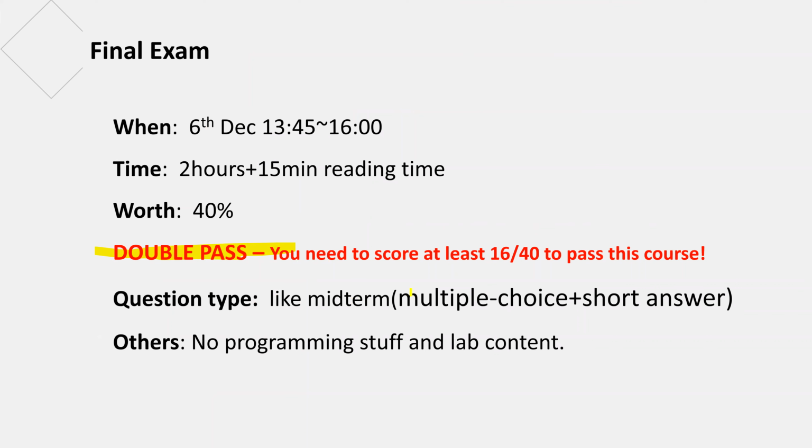And it will be multiple choice and short answer, which only requires 2 or 3 sentences to answer the question. And there's no programming stuff, no Python, no Java, and no lab content, including the DNS commands, something like that. Please let me know if you have any doubt.